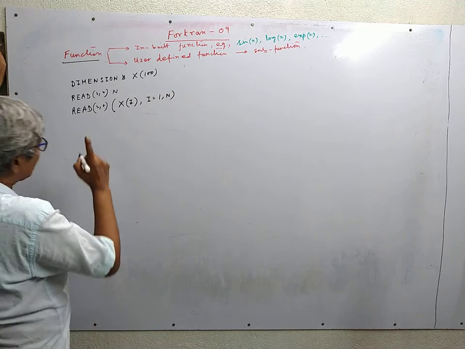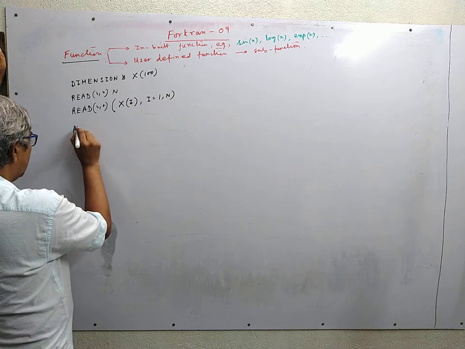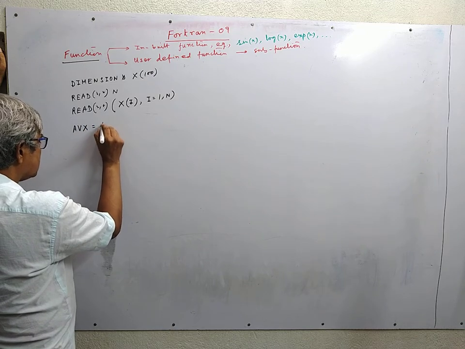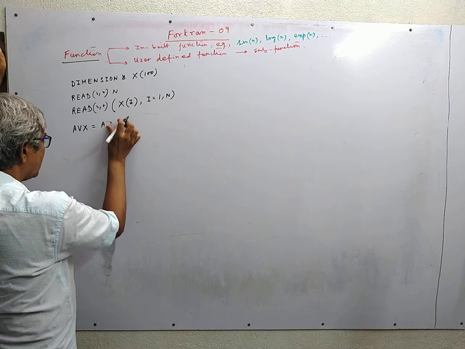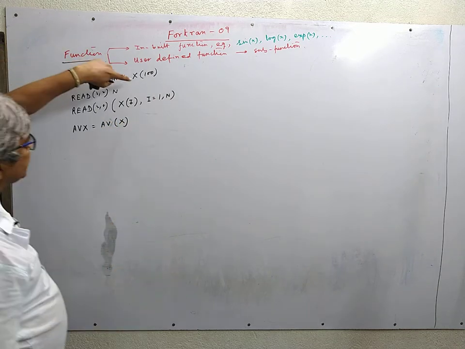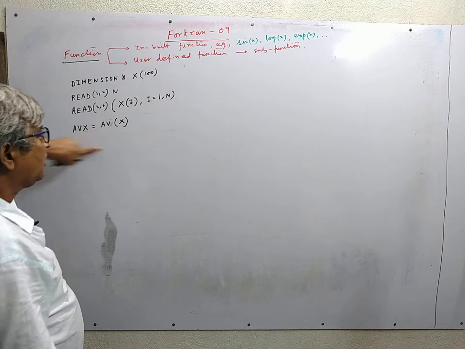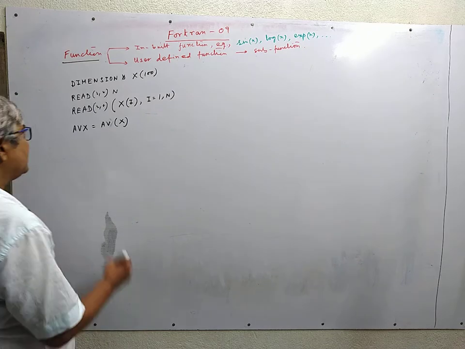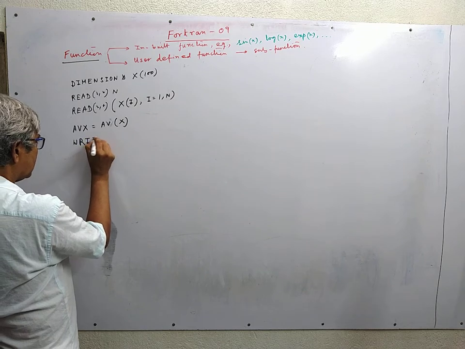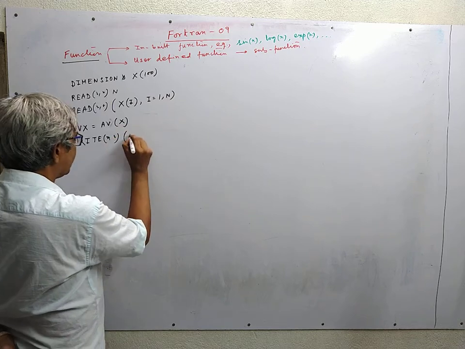Then we want to calculate the average. Sorry, AV(x). Since x is a dimension variable, it will assume a string of values of x, and we can write first the x values.